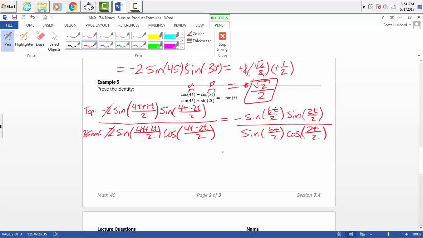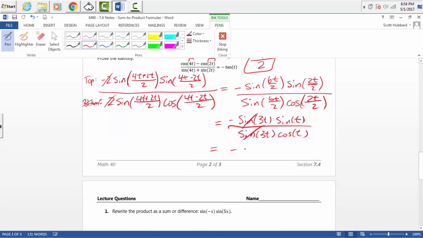Right, and so we're left with negative sine of 3t times sine of t, over sine of 3t cosine of t. And so these cancel, they're the same term.